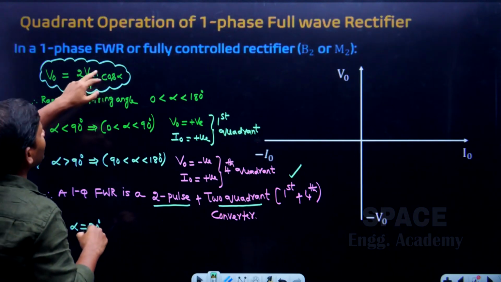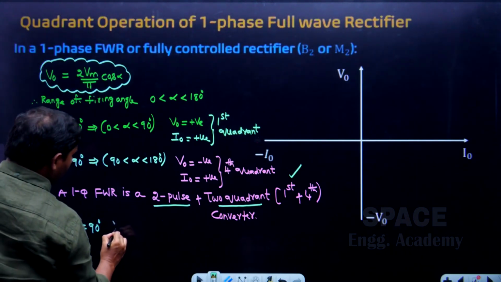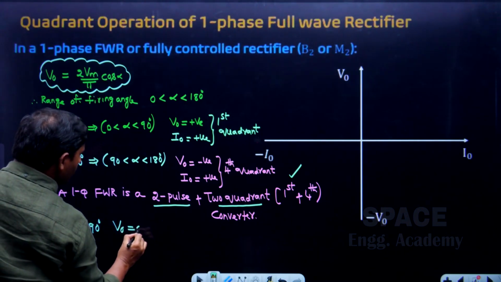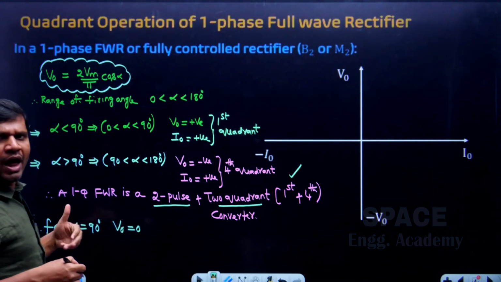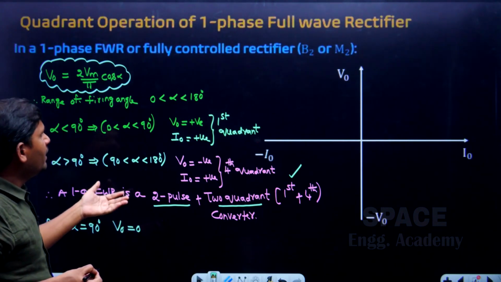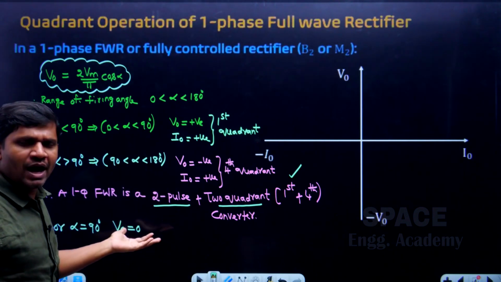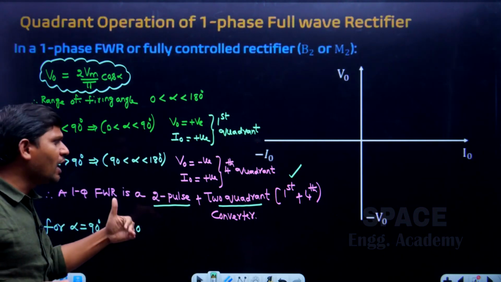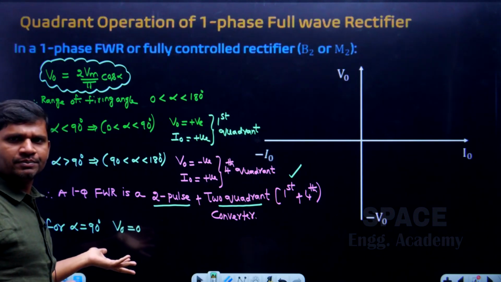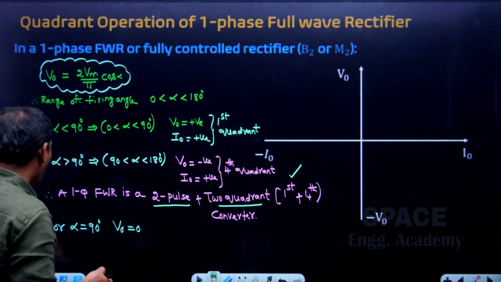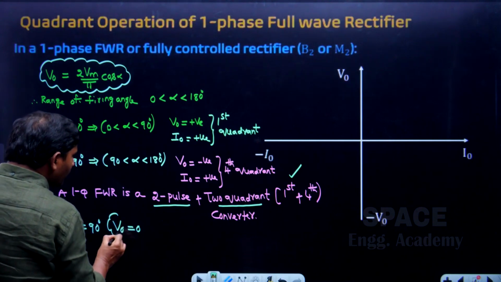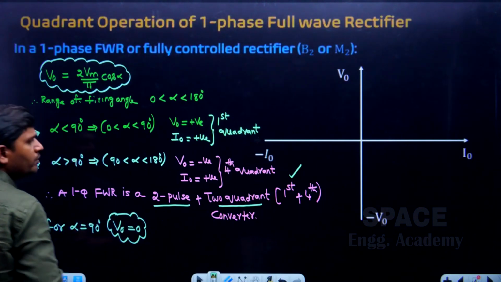Substitute alpha equal 90 degrees, cos 90 is 0, that is V naught is 0. V naught 0 means for alpha equal 90 degrees, it operates in neither the first quadrant nor the fourth quadrant. That is for alpha equal to 90 degrees, V naught equals 0.